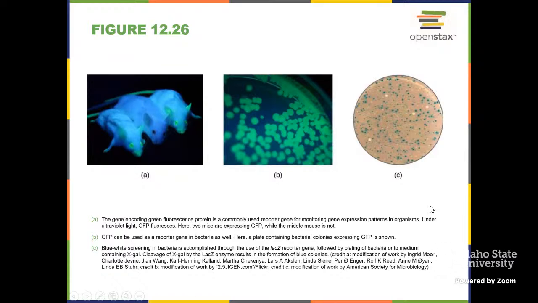Here we can see the fluorescent protein in bacteria where these colonies are glowing. I feel a little more uncomfortable seeing the glow in the dark mouse than seeing bacteria glowing green on the Petri dish. It's a little odd. And over here, we can see a different type of media, X-gal, where we've got different colonies. And we talked some of that stuff before, where you could see based off of the colonies, different ones showing that it's inserted and it's antibiotic resistant, so it's functioning, and we can pick that off and cultivate it.